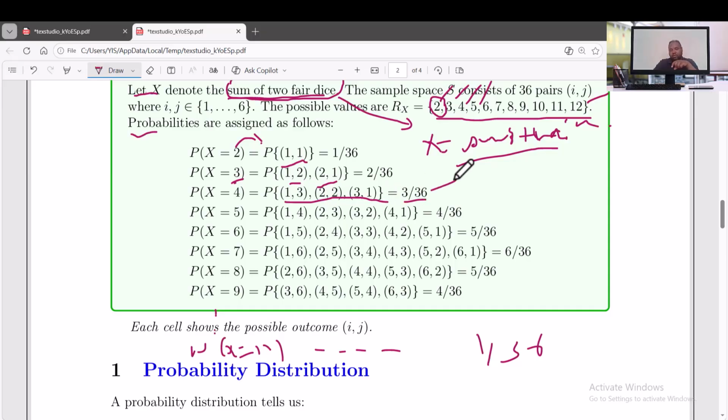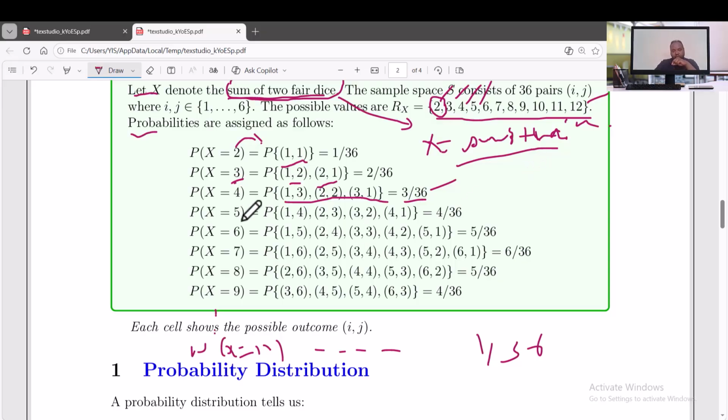We do have 3. The probability is 3 over 36, because from tossing 2 fair dice, 36 pairs are expected. So the total outcomes in our sample space is 36, and the favorable outcomes depend on the possible values of our random experiment.